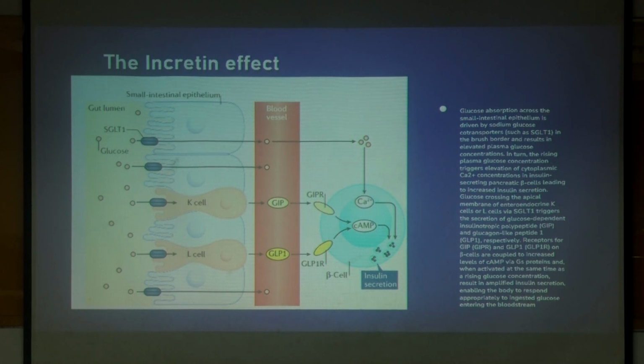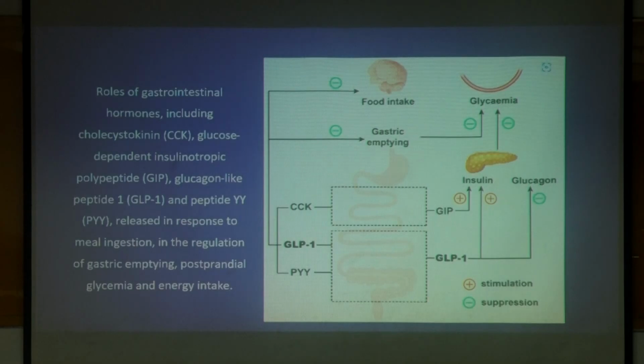When these signals couple to GLP-1 via cyclic AMP, they amplify insulin secretion, enabling the body to respond to the glucose levels. This is what exactly happens in metabolism.